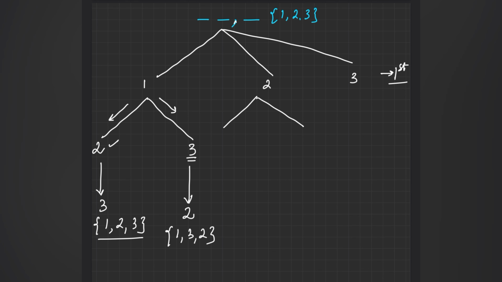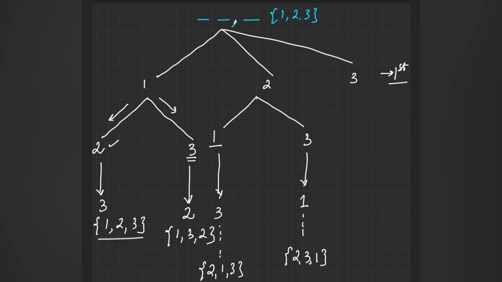So if you fill the first slot with 2, the second slot can be filled either with 1 or 3. If you fill the second slot with 1, the third slot can be filled with 3. And in this case, the answer you get is 2, 1, and 3. Similarly, 2, 3, and 1 becomes another combo. And we can quickly fill up this side of the tree as well.